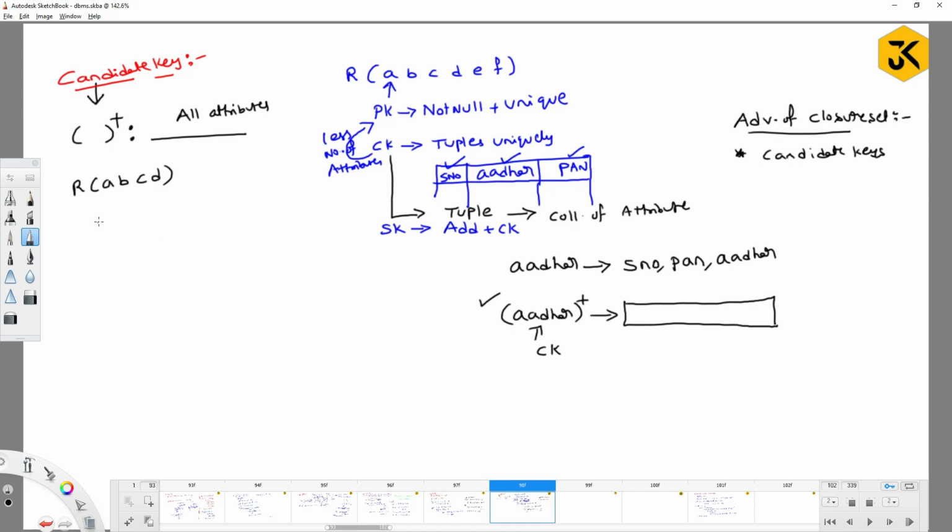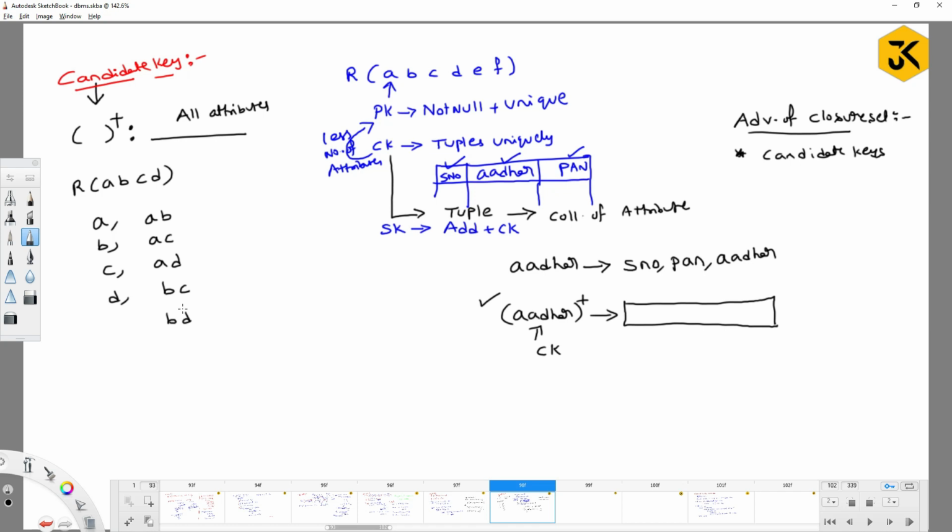So can I take A as a candidate key, B as a candidate key, C, D? Are there other candidate keys possible? Are these all candidate keys? AB, AC, AD, BC, BD, are these all candidate keys?